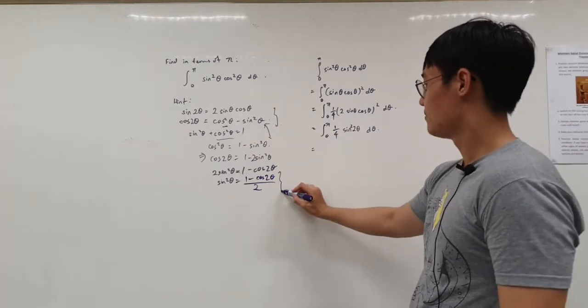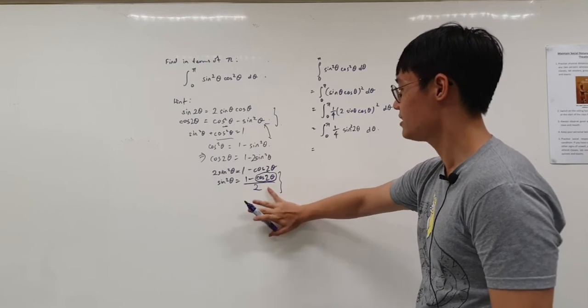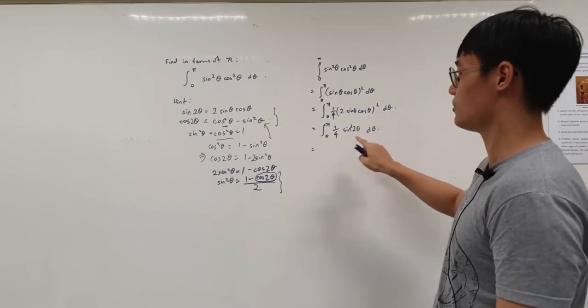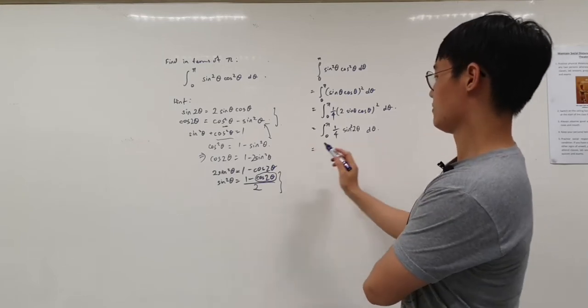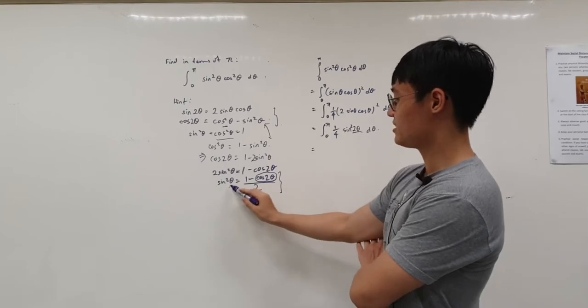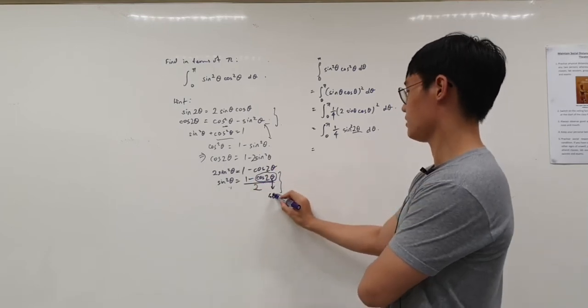Now, this expression is very easy to integrate. Right now, this is a sine squared 2 theta. Because this is sine squared theta, and this is sine squared 2 theta, we replace theta with 2 theta, and that means this guy becomes 4 theta.